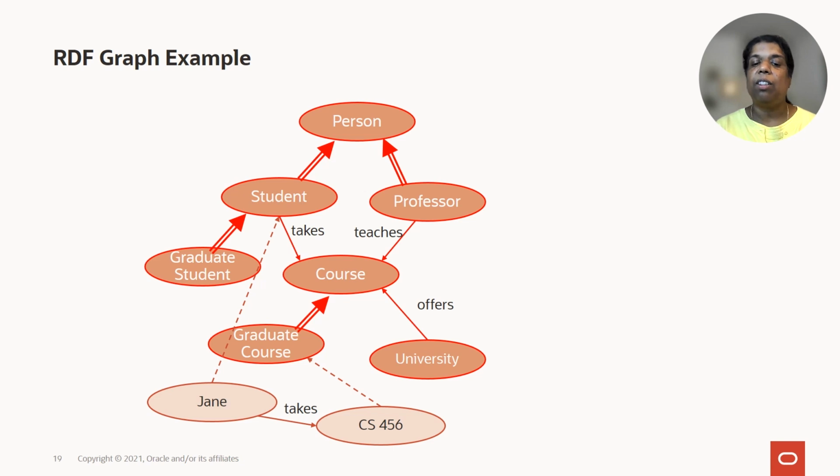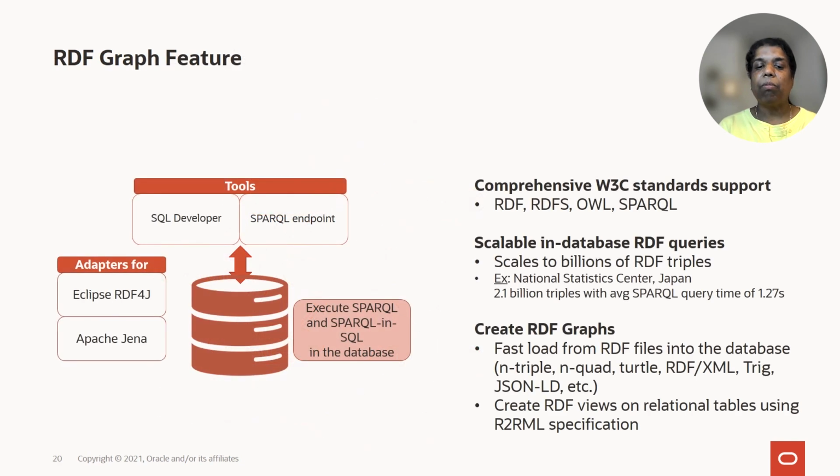So if Jane is taking this course, Jane must be a student. And Jane must be a person because a student is a type of person. So this is a very simple example, but it gives you an idea of how you can have an ontology to represent knowledge in a particular domain and use that to infer new relationships from your data.